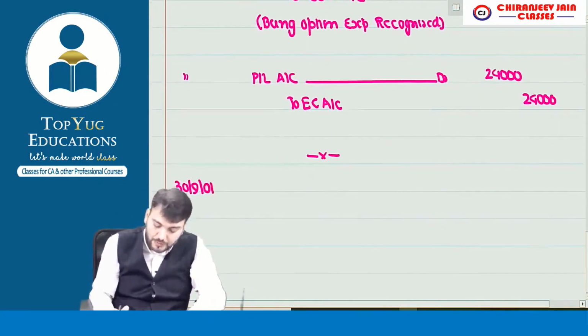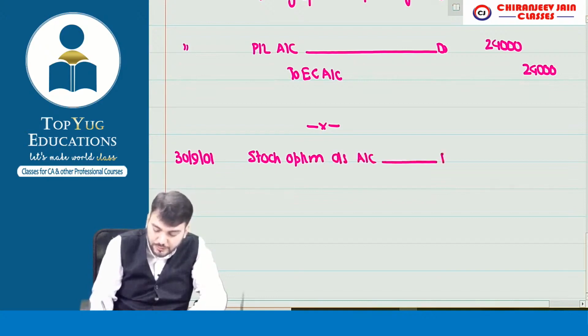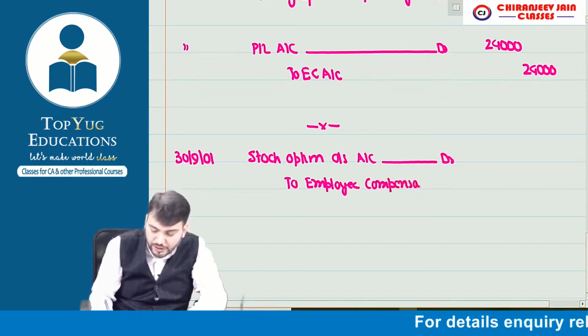2001, we write down stock option outstanding account debit to employee compensation account.